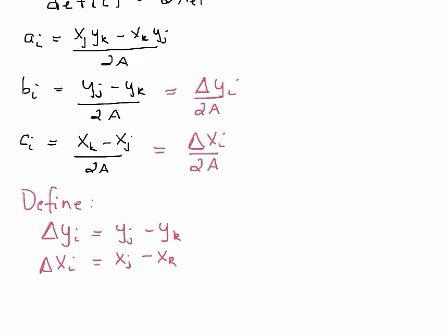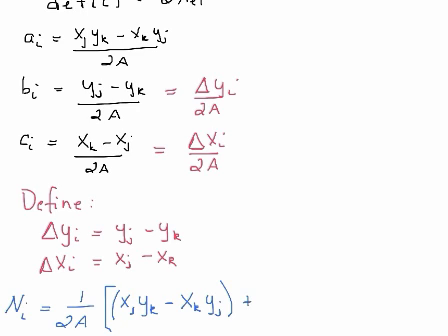And furthermore, n sub i is then equal to 1 over 2a times xjyk minus xkyj plus delta y sub i times x minus delta xi times y.